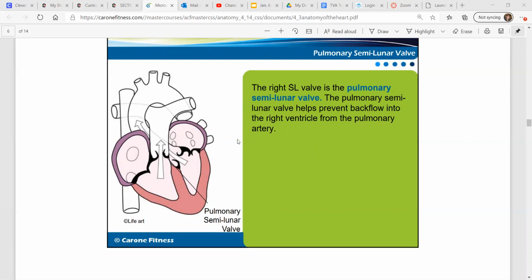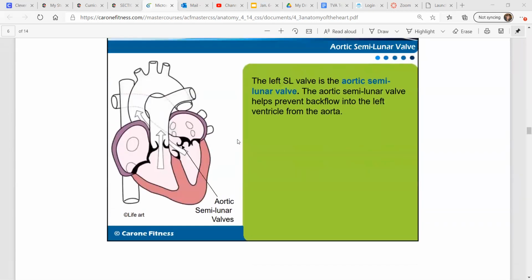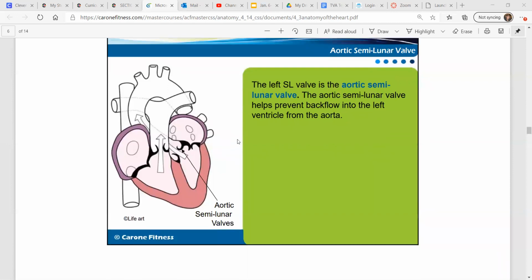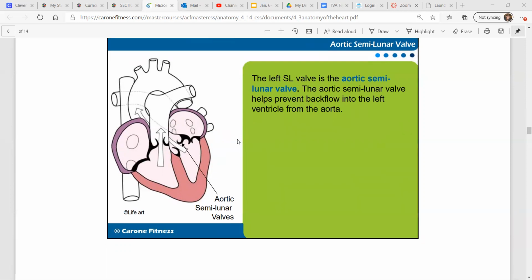So the valves keep the blood from backflowing. The left SL valve is the aortic semilunar valve. The aortic semilunar valve helps prevent backflow into the left ventricle from the aorta.